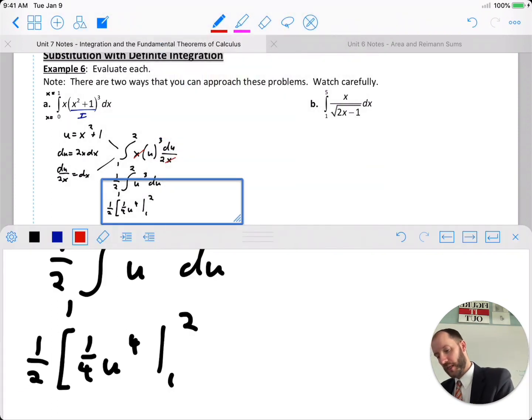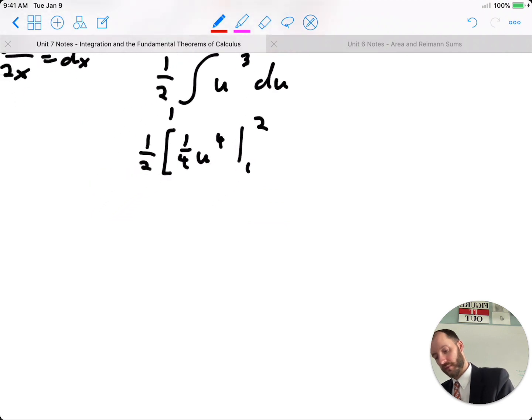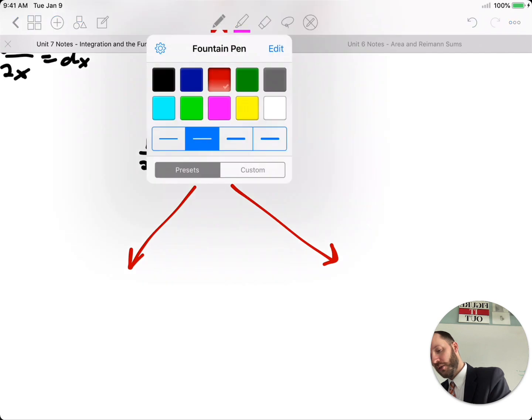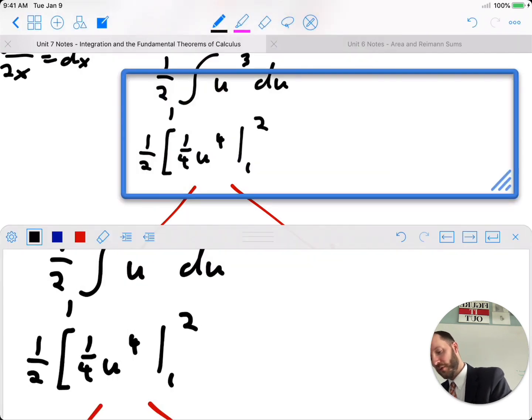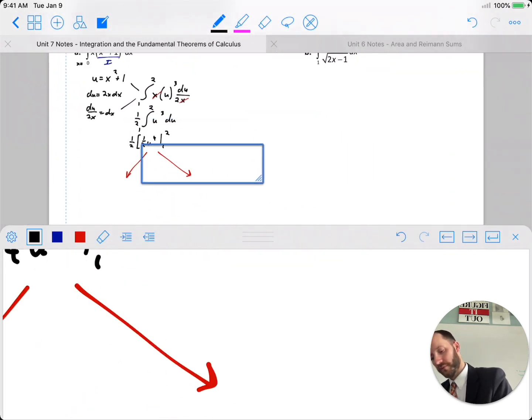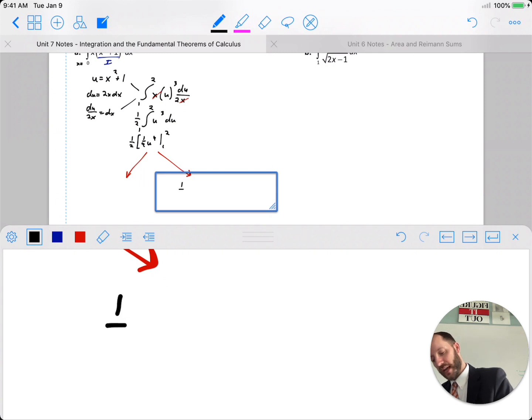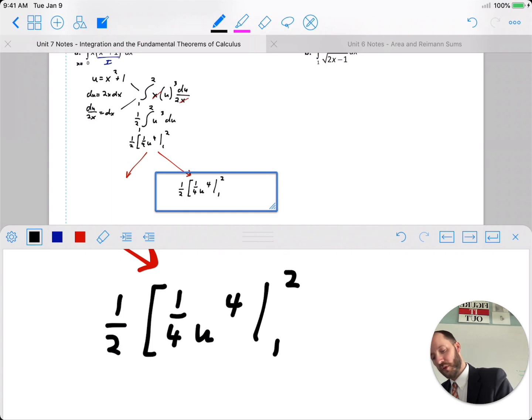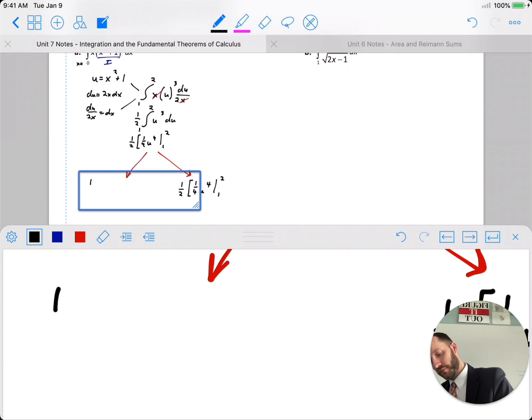This problem can go one of two ways. You can stick with the u values. So 1/2, 1/4, u to the fourth, evaluated from 1 to 2. Or you can re-substitute your x values back in.